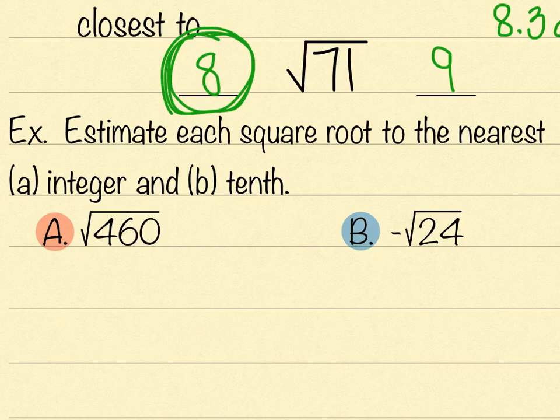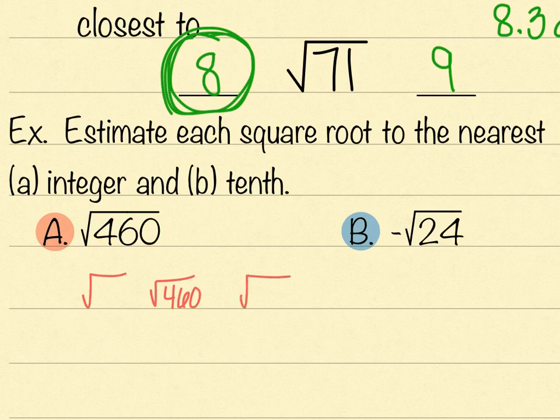So in this first example, estimate each square root to the nearest, for part A, integer, and then to the nearest tenth. We can do the integer part without using our calculator. I've got the square root of 460, and that's going to be between which two perfect squares?